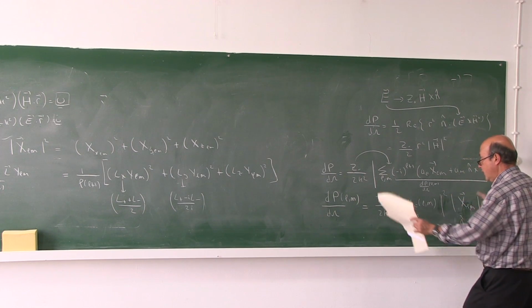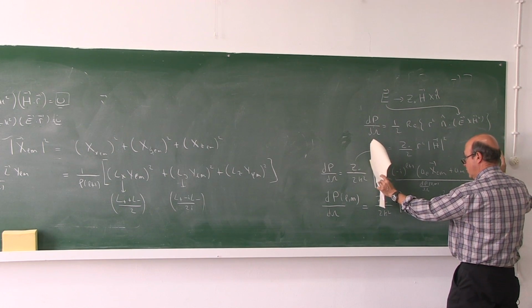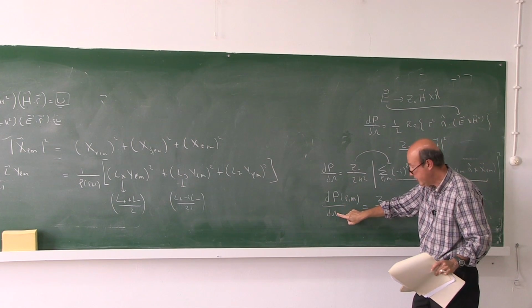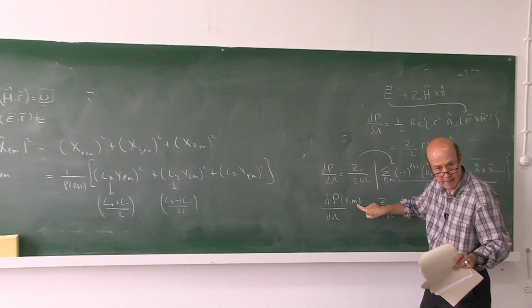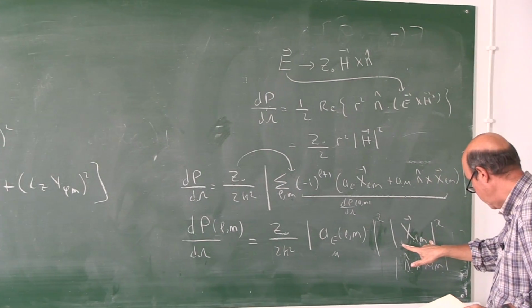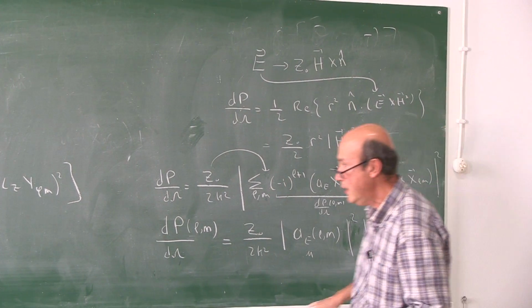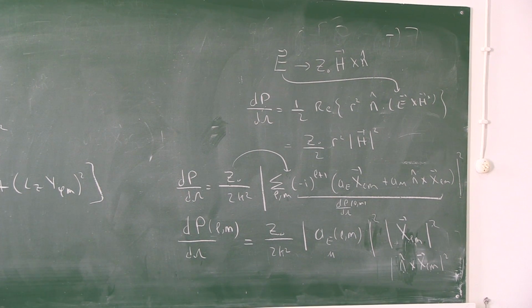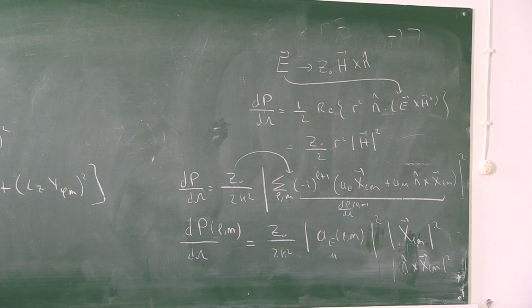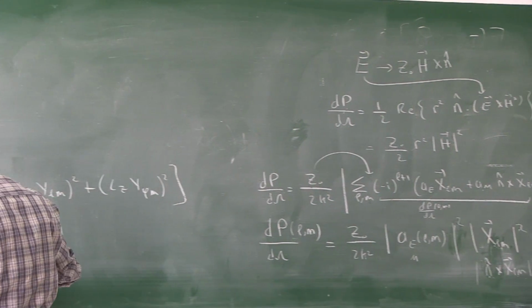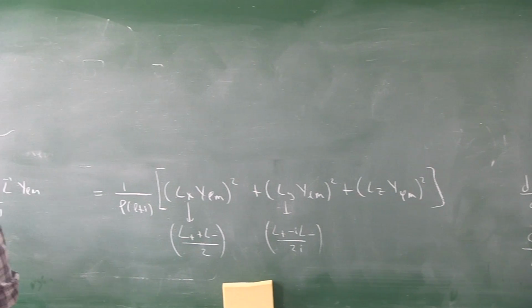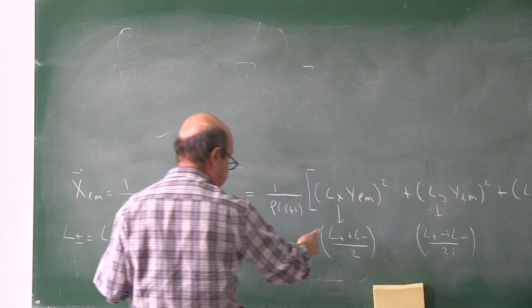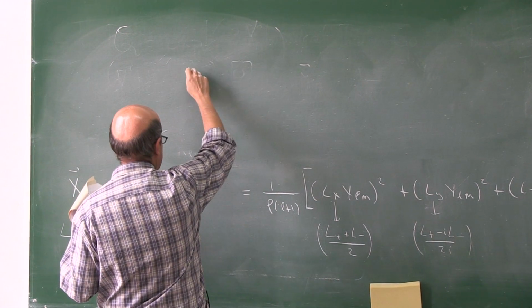But then I said let the inside term be the power emitted per solid angle for each multipole order Lm. And I find that this is proportional to x Lm square. Now I will calculate x Lm square quickly, and I will discuss the distribution of the radiation for each multipole order.